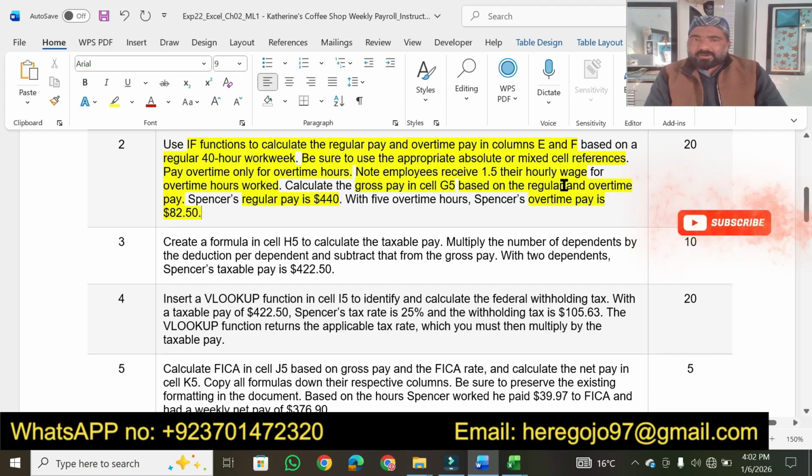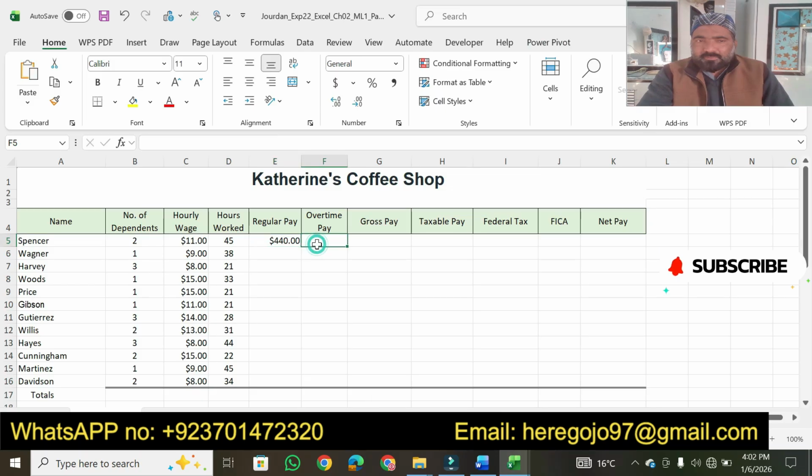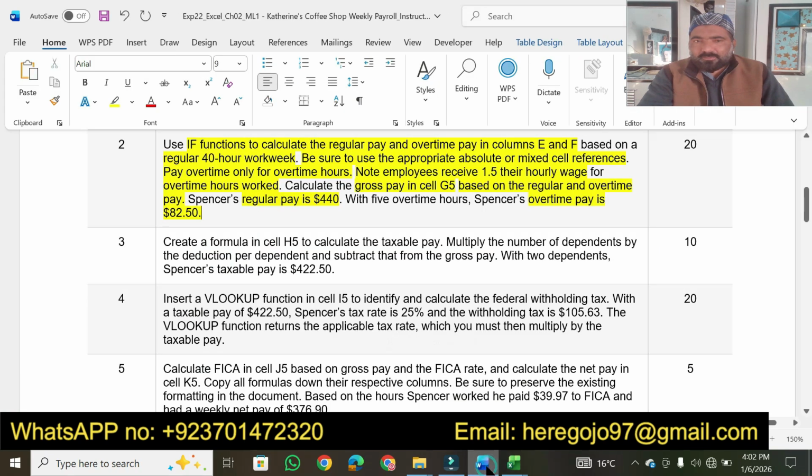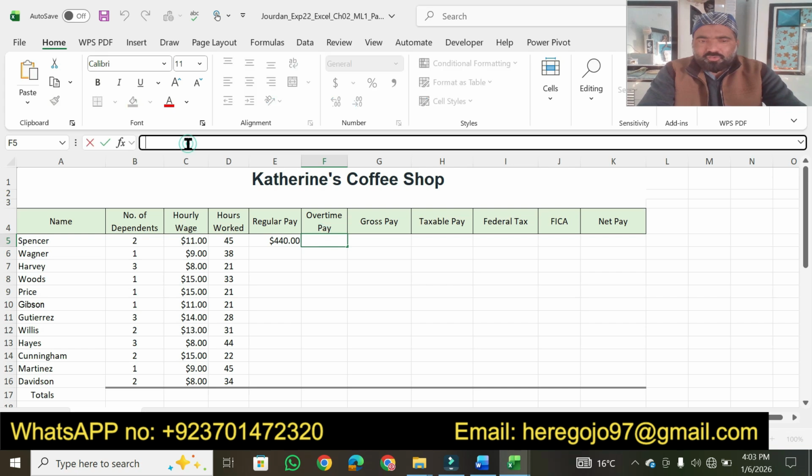Now we have to find the overtime pay wages, that is in column F here. For that we have to use a formula. What formula do we have to use? Let me make that formula. After reading the instruction, we will use this formula.